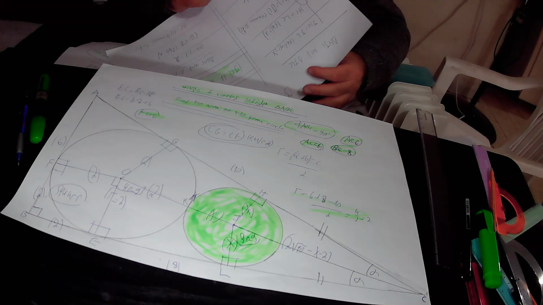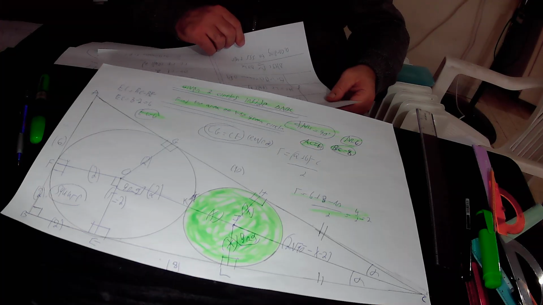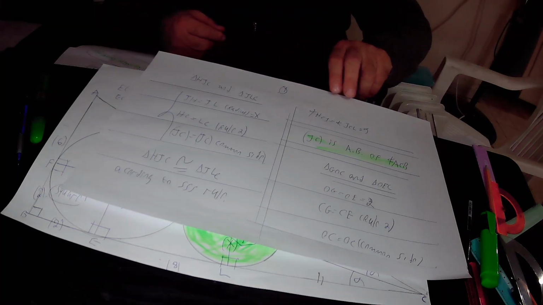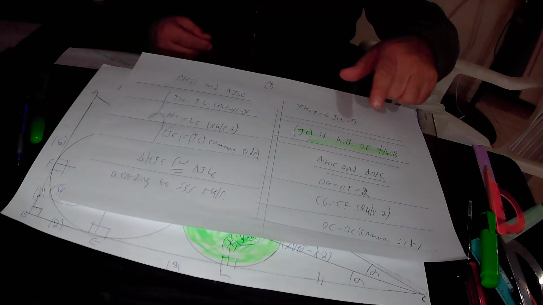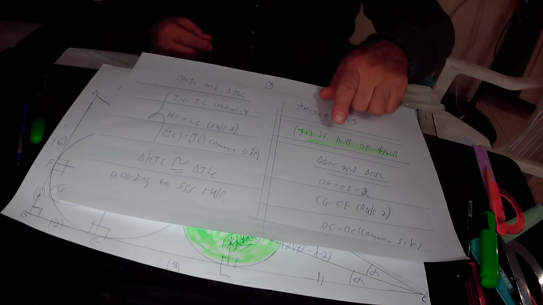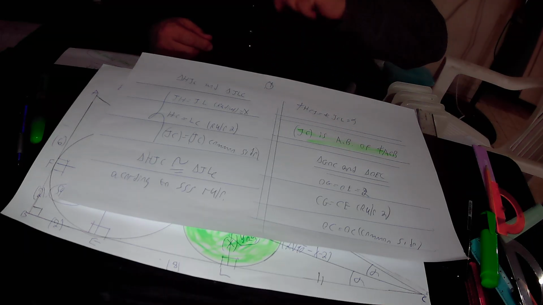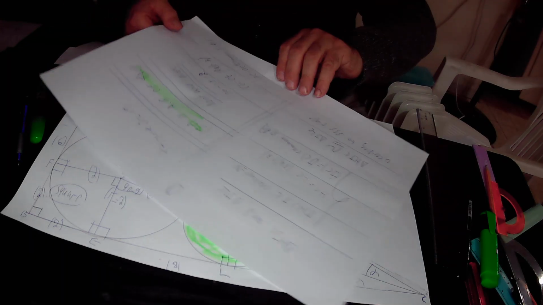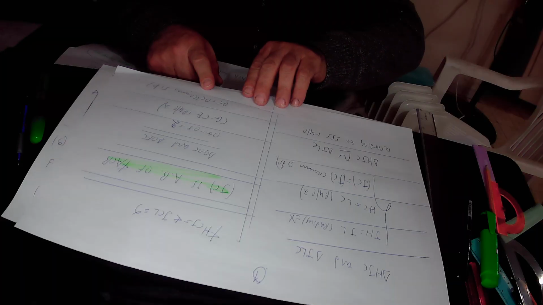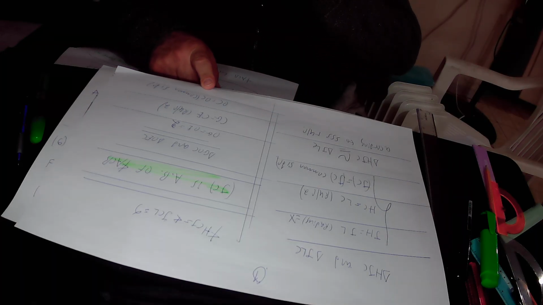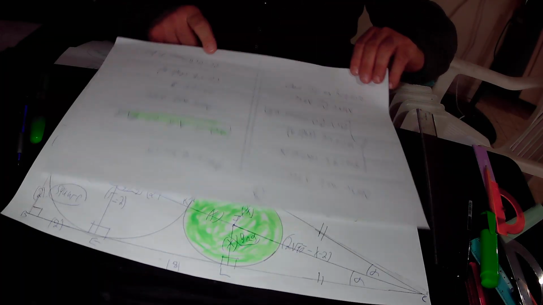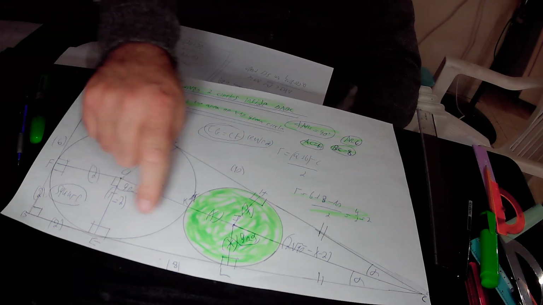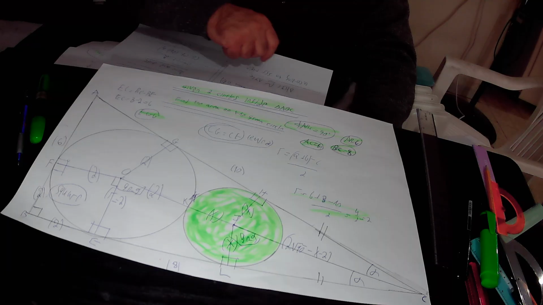So we found out that the right triangle GOC converts to this right triangle OEC according to the side rule.